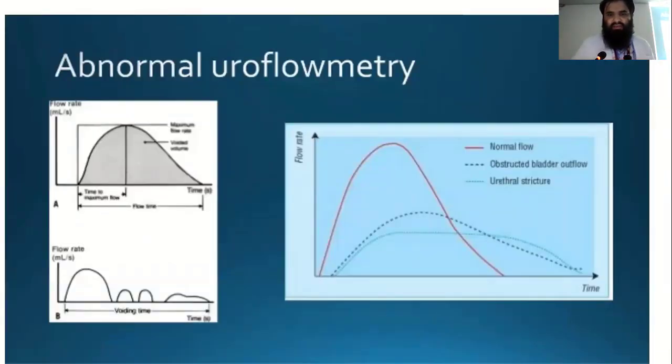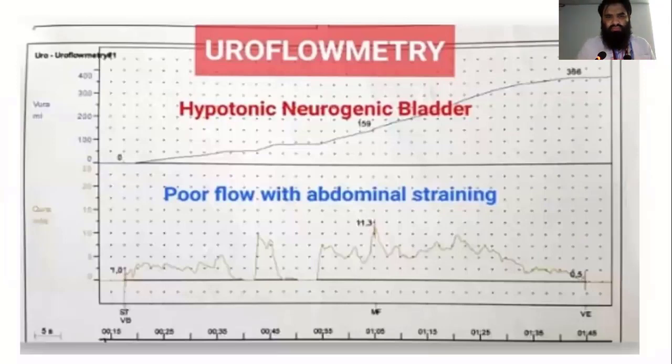These are the three different types of UFM, in which the red line shows the normal flow of micturition, the dashed line shows the obstructed bladder outflow, and the dotted line shows the urethral strictures. This one is the UFM of a patient with hypertonic neurogenic bladder, which shows poor flow with abdominal straining.